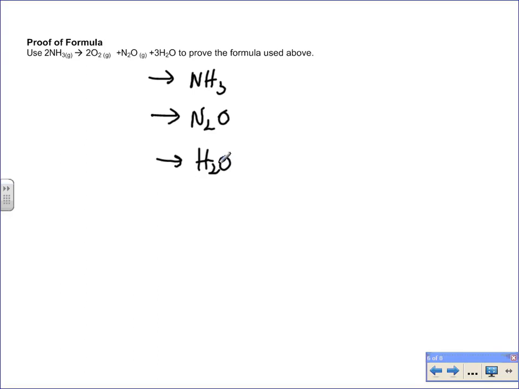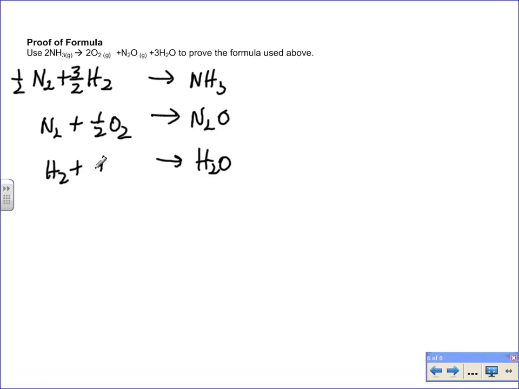So if you take a minute and practice these, which is a good idea, writing out the reactions with the appropriate fractions, and we get the heats of formation values.